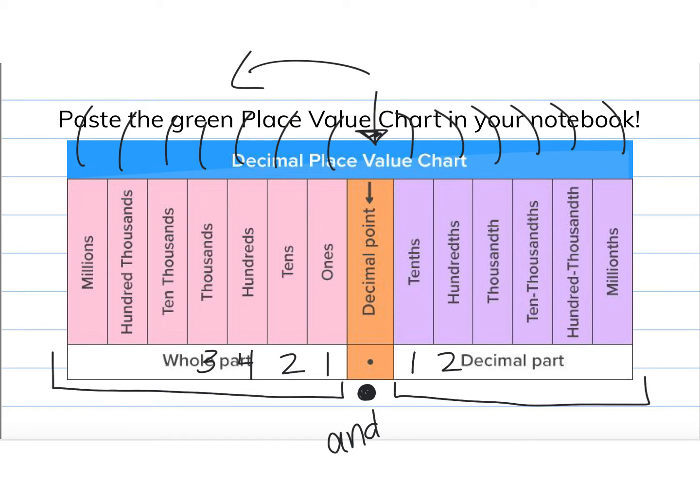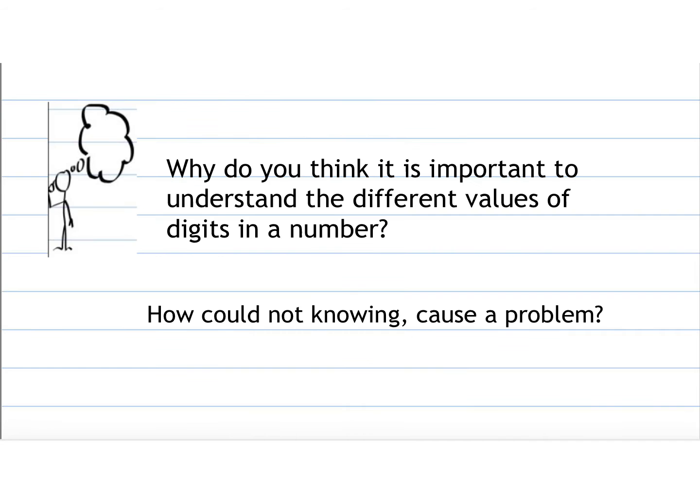Notice that the words after the decimal end in TH or THS. So that's how you know that it's going to be after the decimal. And if there is no THS, then you know that it's going to be before the decimal. Or in other words, the THS means that that's part of another whole number.